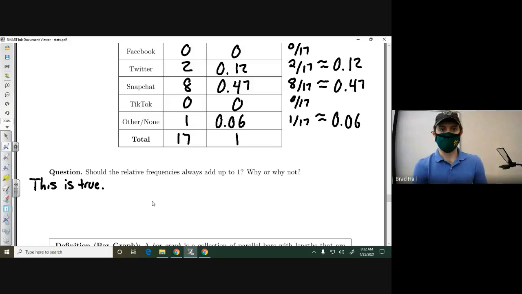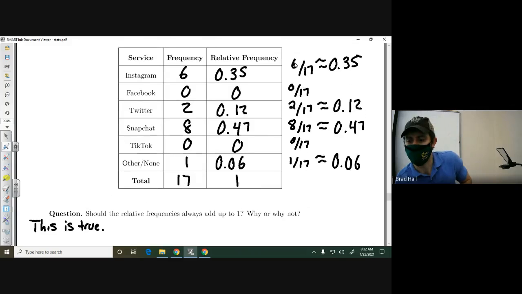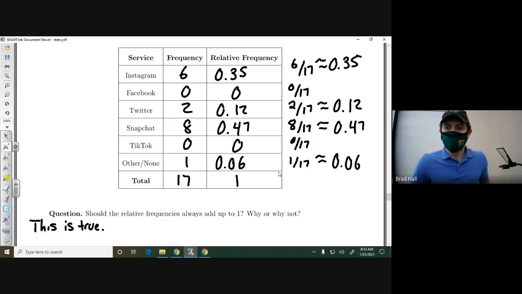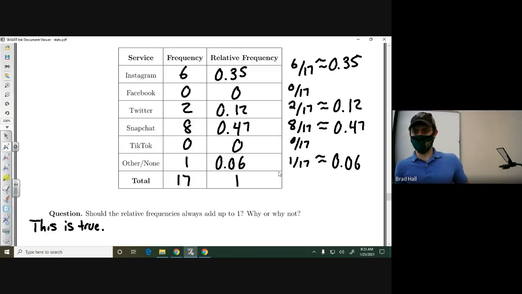And the reason why it's true, well, I think the most simplistic way is that every respondent has to belong to some category. So when you add all of these, all of these relative frequencies are just fractions. So notice 6 people was in that numerator, 2 people were here, 8 people and 1 person. When you add fractions together, you add up the numerators and you keep the denominator, provided the denominator is the same.